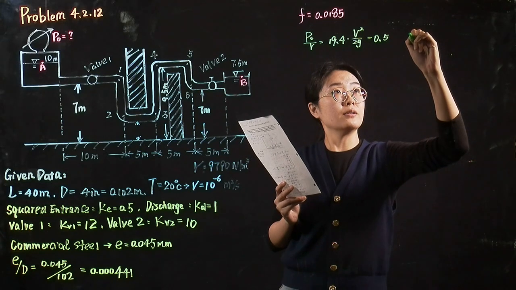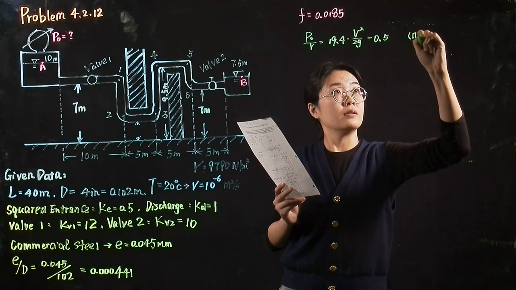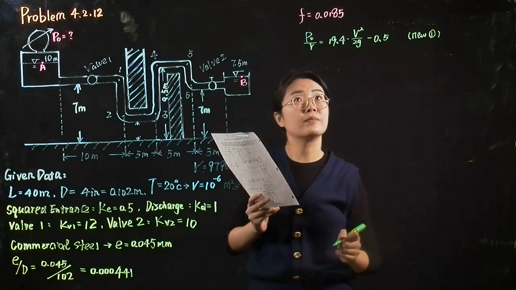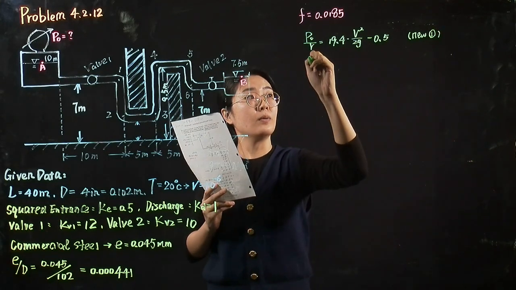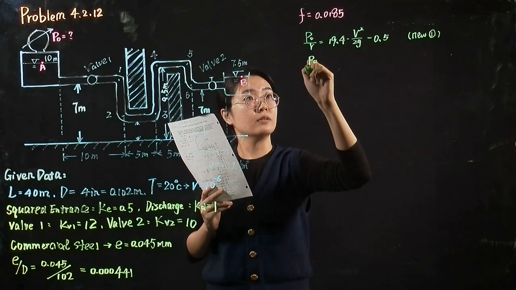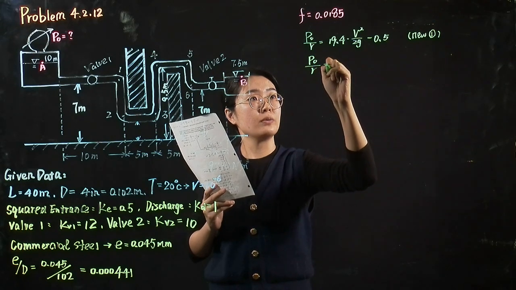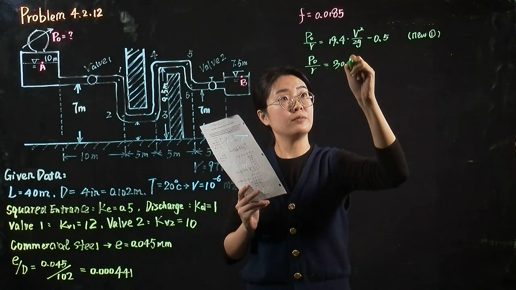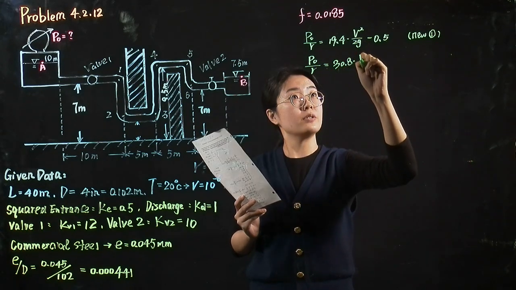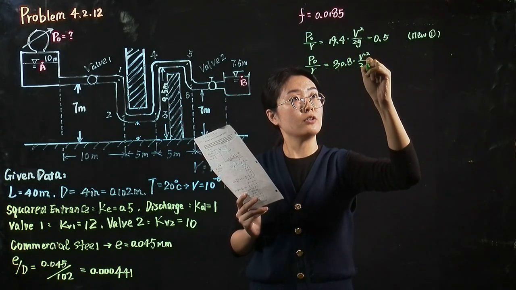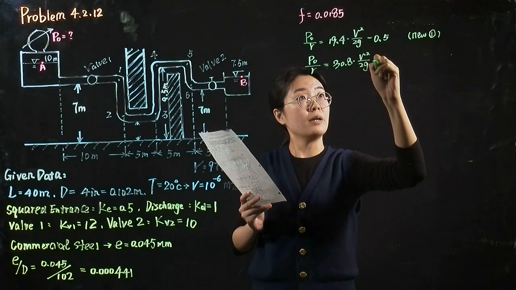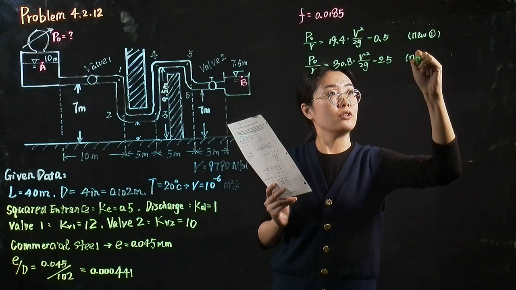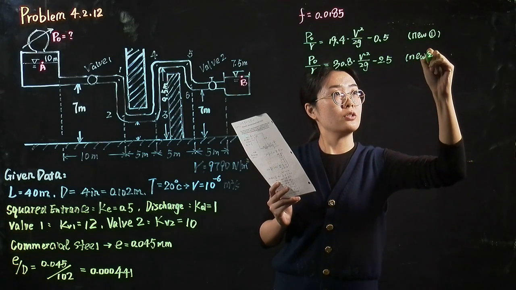This is our new equation 1, and our new equation 2 equals 30.8 times velocity square over 2g minus 2.5.